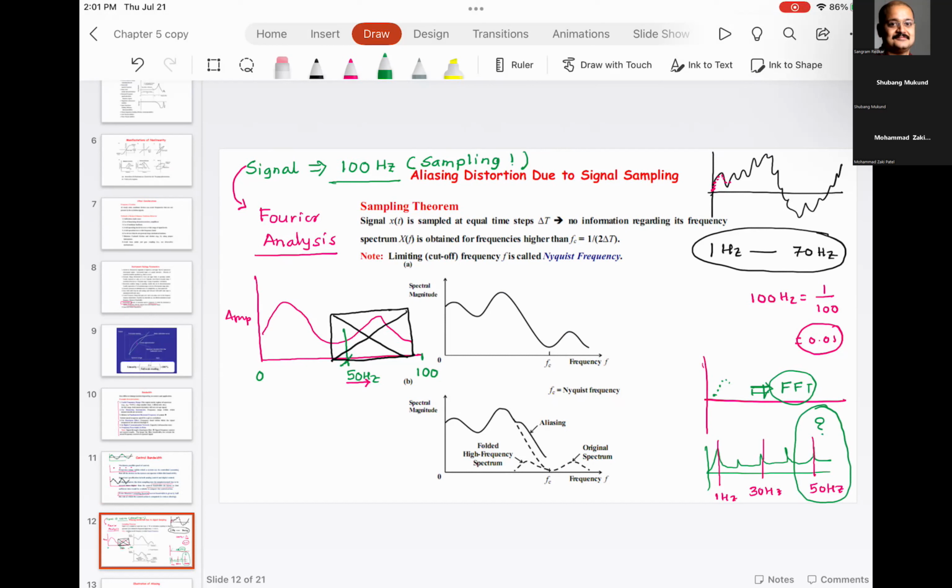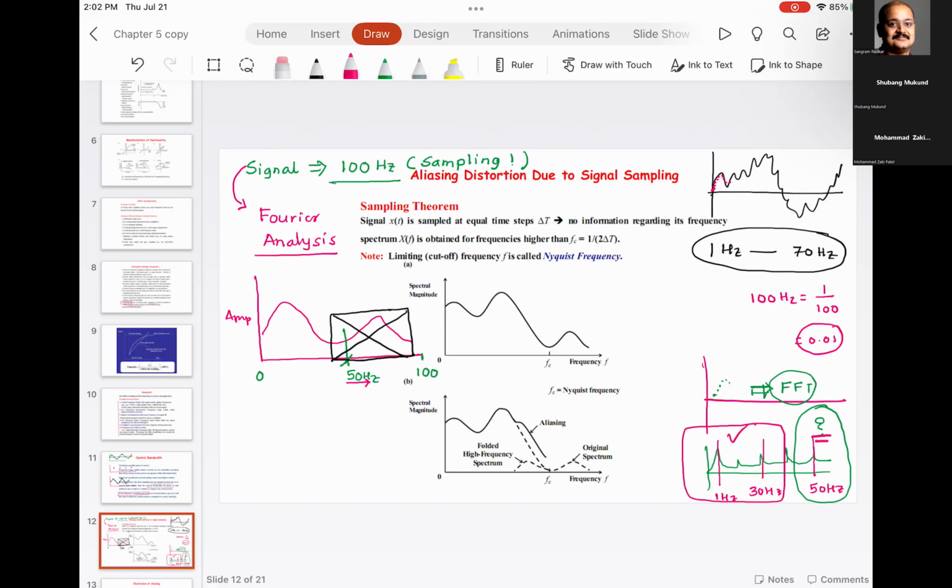So if I use the FFT, I would only say that I am sure about the range of 1 to 30 hertz. I do not know what this plot is showing me after 50 hertz, after half of the frequency.